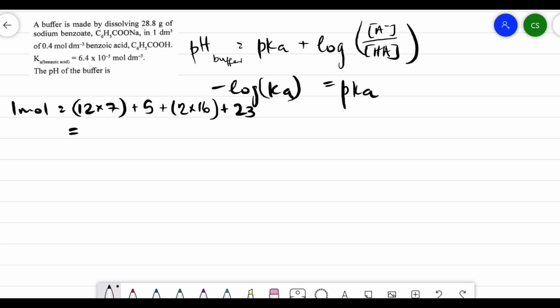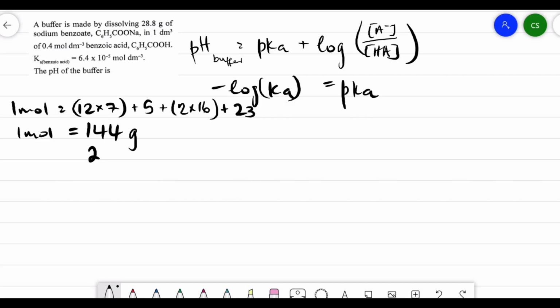So 12 times 7 plus 5 plus 2 times 16 added to 23, and you should get 144. At least that's what my calculator told me. So 144 is for 1 mole of sodium benzoate.